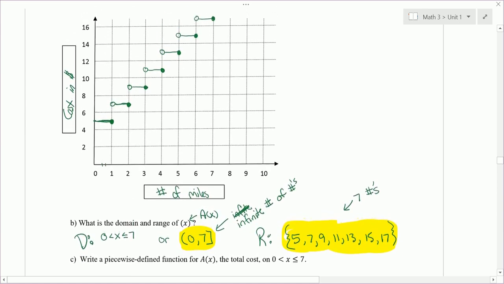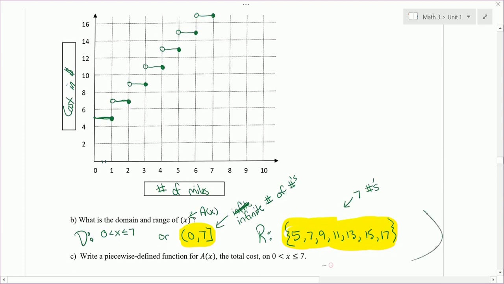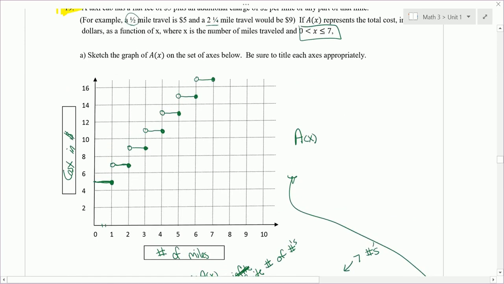Alright, lastly we want to write a piecewise function for A of x, and I'm going to do that up here because it's nice to be able to see the graph while we're writing this. And we have 1, 2, 3, 4, 5, 6, 7 different pieces, but the equations are pretty simple for your pieces.